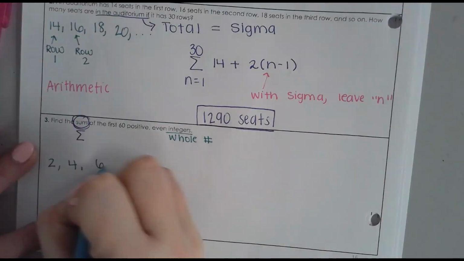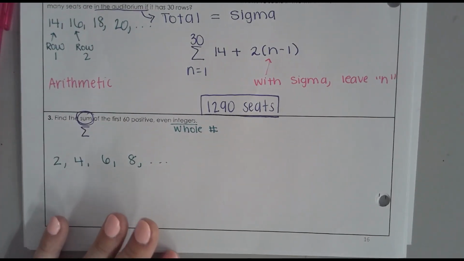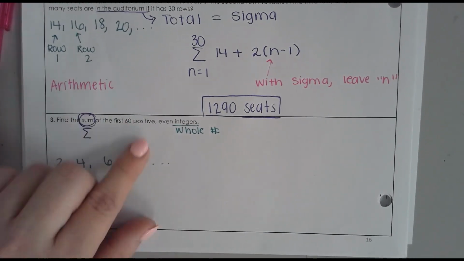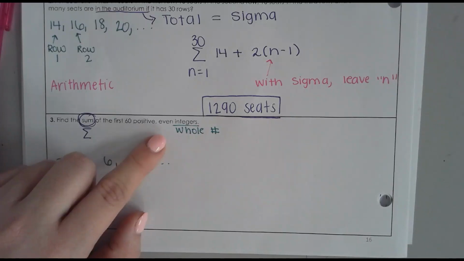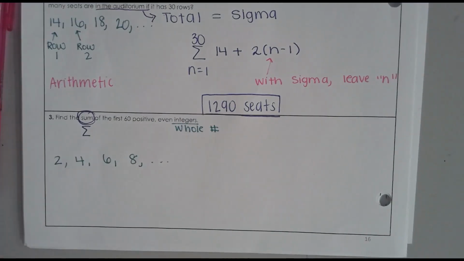So positive even numbers: 2, 4, 6, 8, and so on. Negative even integers would have been negative 2, negative 4, negative 6, negative 8, and so on. If it had said positive odd, that would have been 1, 3, 5, 7, 9, and so on.